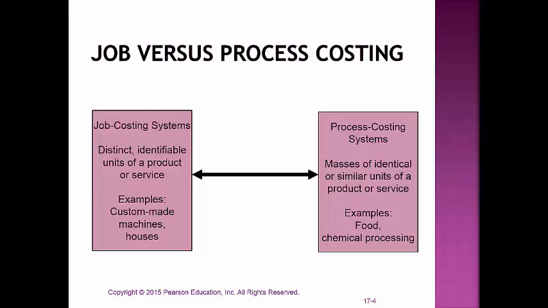Those types of things are distinct projects or jobs, and each one of those can have certain basic materials involved in it, but then again it could have customization to it. So it's going to have its own additional very item-specific components, and those types of things are tracked and considered in a job costing system.